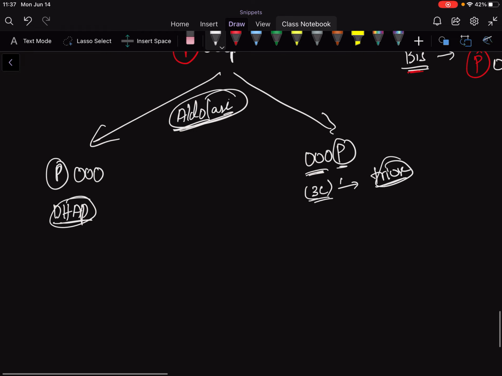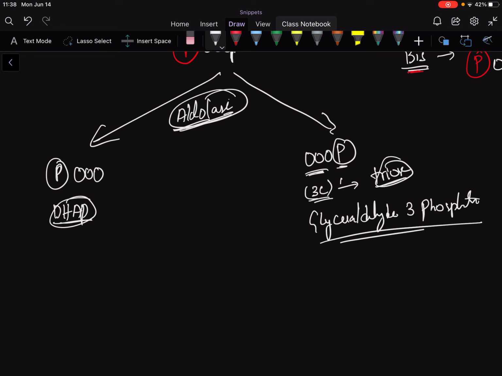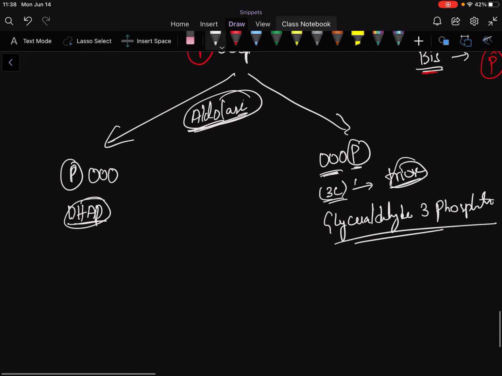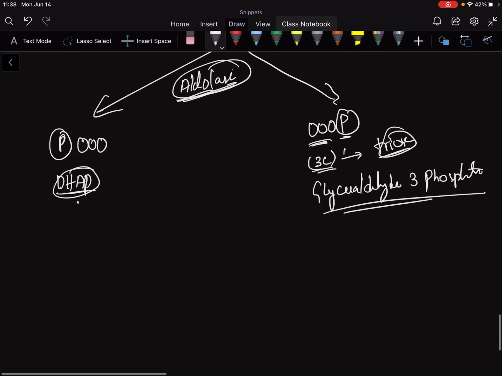Okay. So the newly formed molecule here is glyceraldehyde, and the phosphate is present at the third position. We call it glyceraldehyde 3-phosphate. Okay. So as you can see, this dihydroxyacetone phosphate can be converted into glyceraldehyde 3-phosphate.